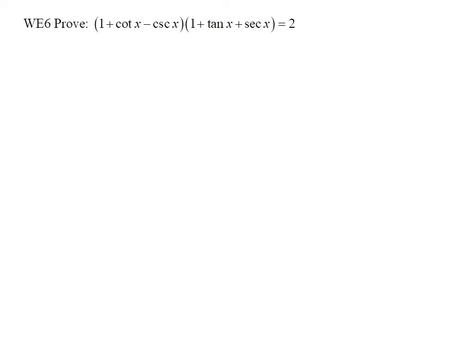Example 6 is to prove the trigonometry identity: (1 plus cotangent x minus cosecant x) times (1 plus tangent x plus secant x) equals 2. We start from the left hand side by transferring all the trigonometry functions to sine x and cosine x.